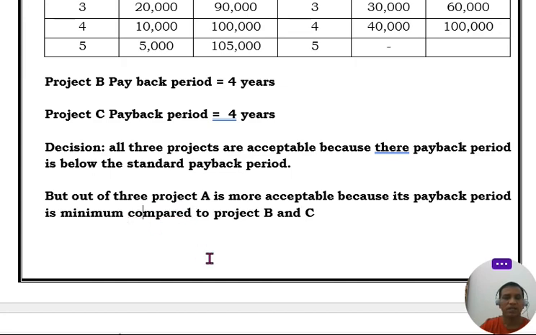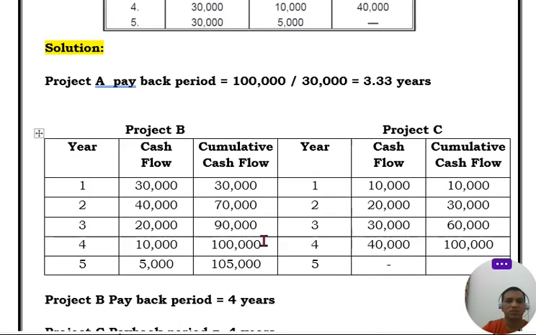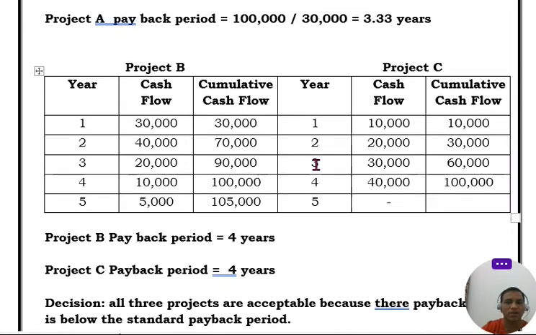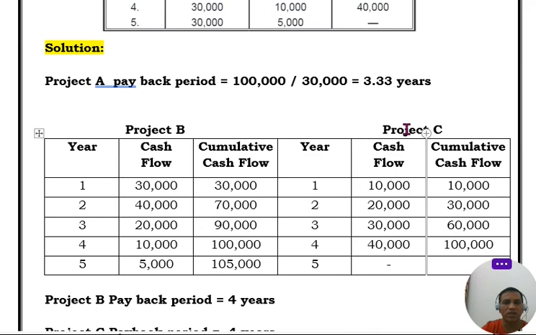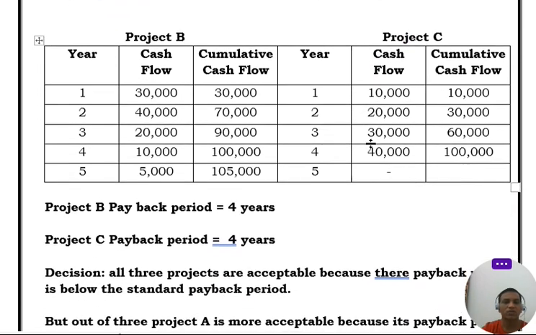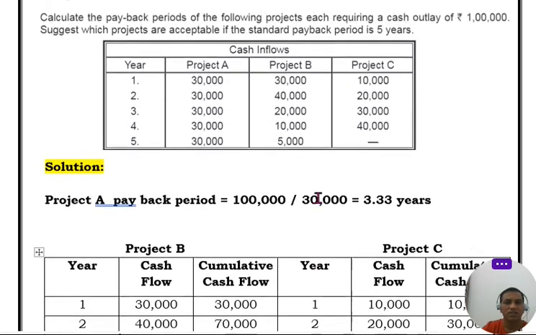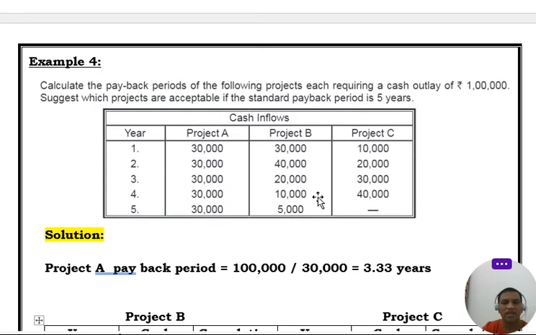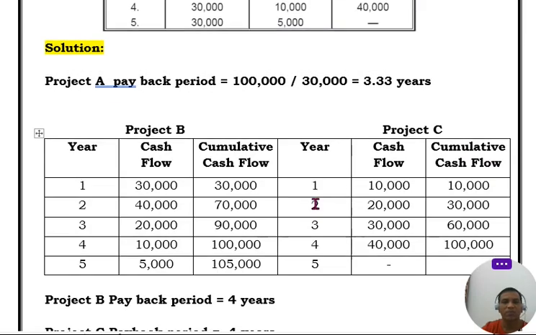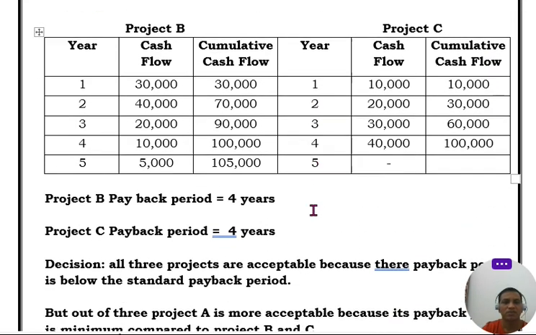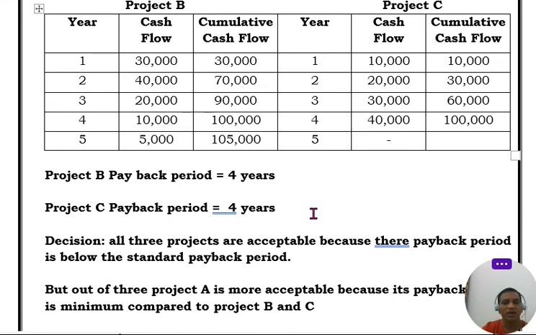So actually, if no standard payback period is given, we will compare all three together. Out of three, which is the least one? A is the least one. So out of three, A is the acceptable project. But in the question, they ask you to compare with the standard payback period of 5 years. So project A, project B, project C, all three are below the standard payback period.